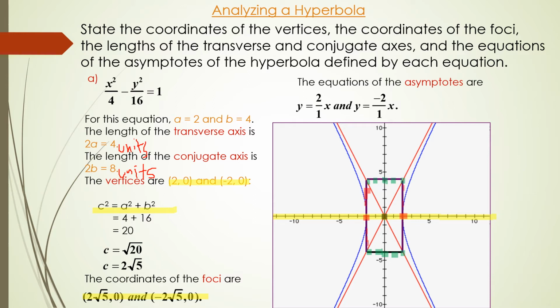After that, you connect them with broken lines. Locate the center, A and B, then connect A and B. Broken lines are fine. Connect them until you form the auxiliary rectangle. After that, draw the diagonals. This is your asymptotes. Alright? Then label them.